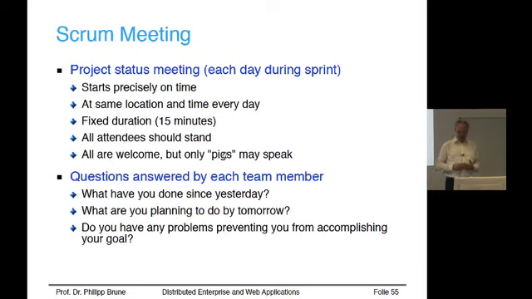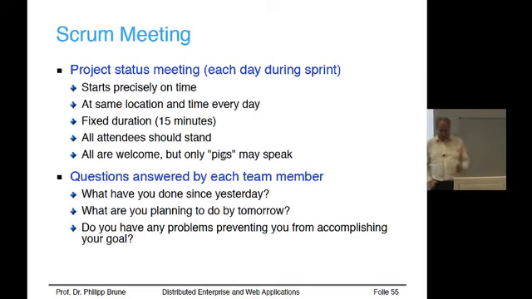And to avoid this inefficiency of meetings, the Scrum meeting was designed in this way. Standing participants, fixed precisely on time, because if you have it at the same point in time every day, and it is short, the people have no excuse. They can just say, okay, tomorrow at 3 o'clock I can't come, but 15 minutes later it's fine. So it's usually not a problem if you know when it is and it's short.